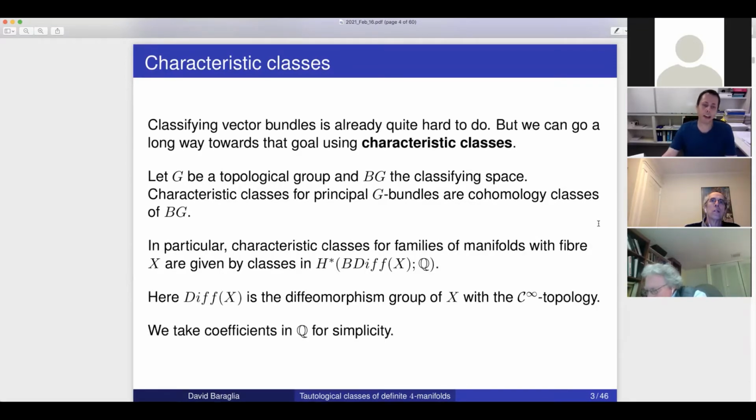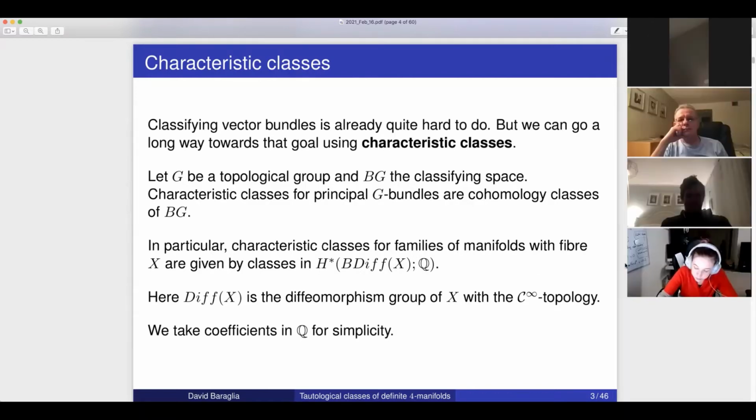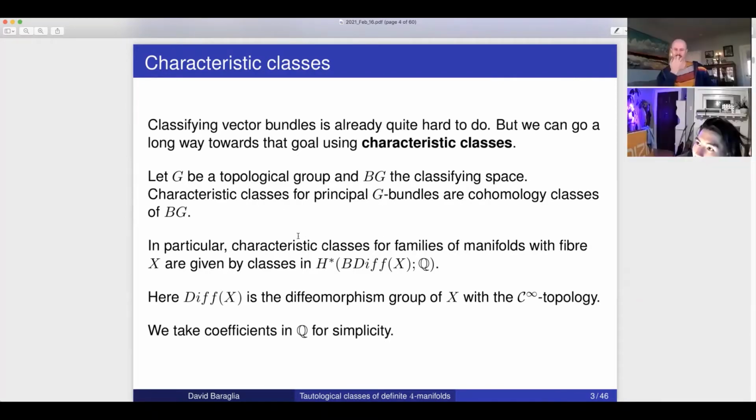So if I have a family with fibers X, you can think of that as the associated fiber bundle of a principal Diff bundle, where Diff is the diffeomorphism group of X. And so you can look for characteristic classes, and those are just cohomology classes of BDiff. For simplicity, I'm going to just consider rational coefficients, because already that's quite complicated. So we are looking at cohomology classes of BDiff.